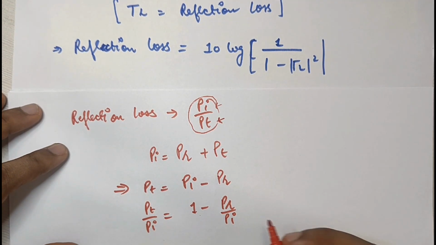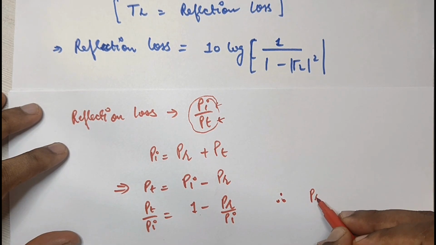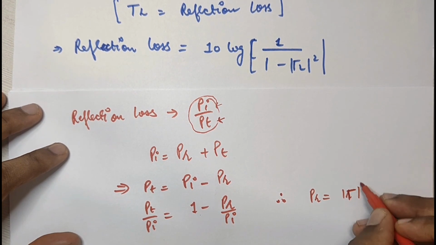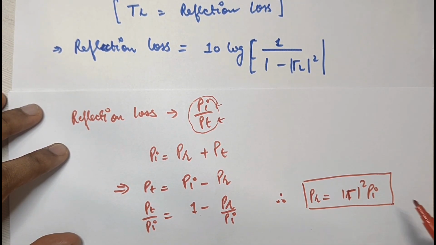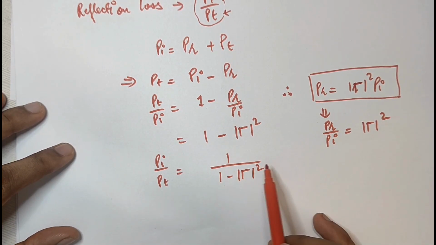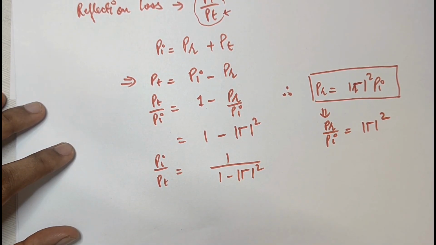Now, what is PR by Pi? PR is nothing but the reflection coefficient square times Pi. So this was PT by Pi. Now Pi by PT is equal to 1 upon 1 minus gamma square, the reflection coefficient square.